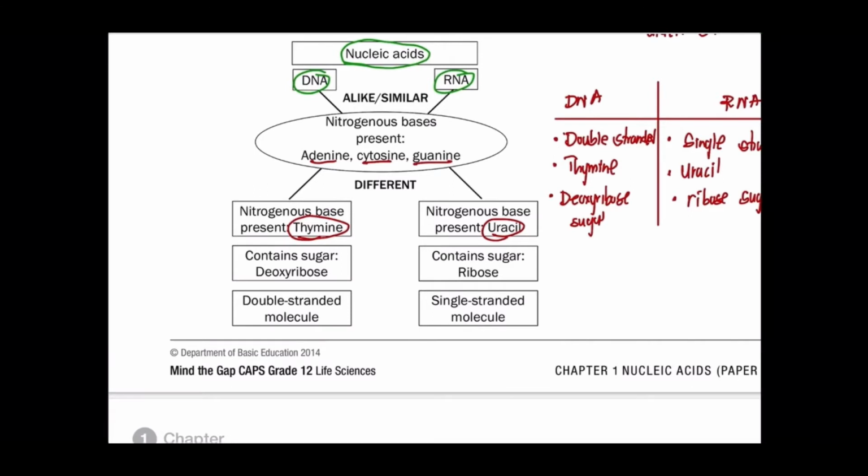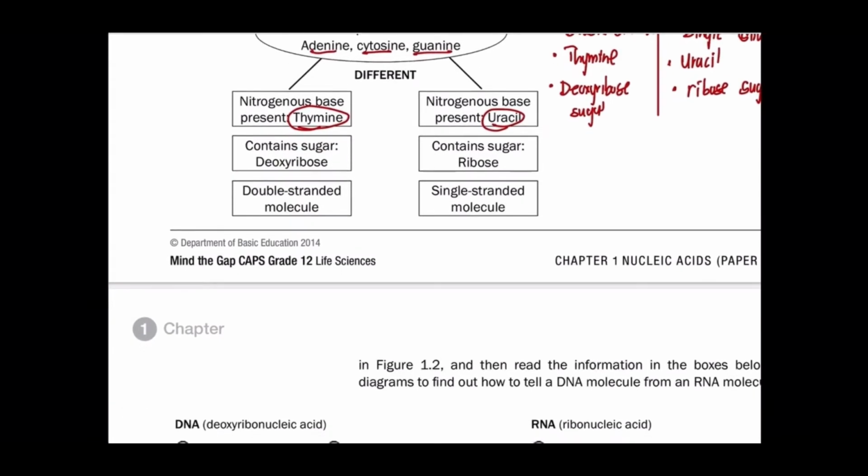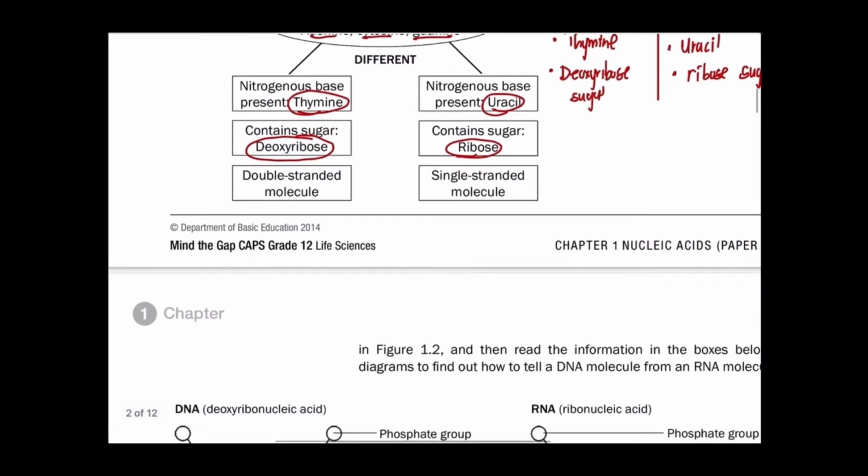So always remember that if you see uracil, if you see U in a strand of a molecule that you will be given, it will mean that that particular molecule is an RNA molecule. But if you see thymine, it means that it's a DNA molecule. And then in terms of sugars, as I've already mentioned, deoxyribose sugar in DNA as well as a ribose sugar in RNA. DNA is double-stranded, it has two strands, while RNA is single-stranded.